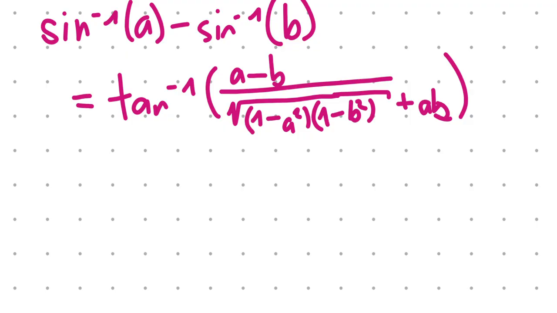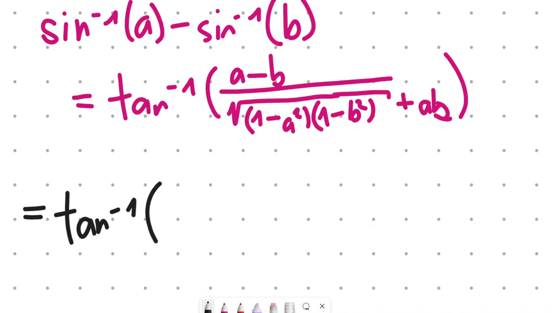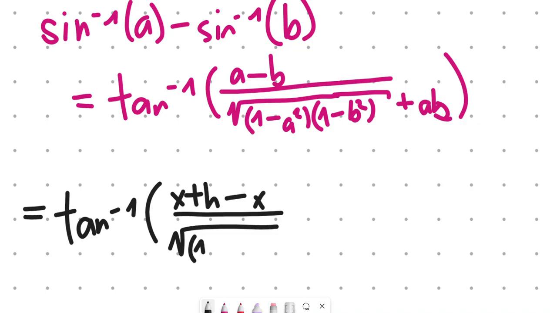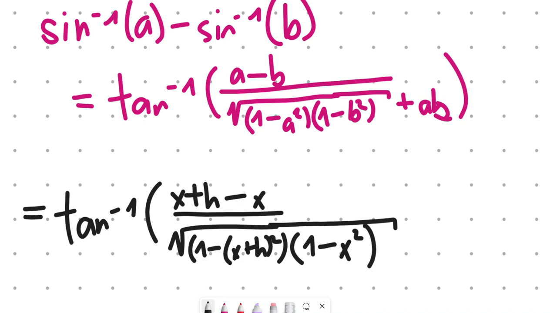So let's just plug in the x plus h for the A and the x for the B. So we would just get the inverse tangent of x plus h minus x, the whole thing over the square root of 1 minus x plus h squared times 1 minus x squared, plus x plus h times x.